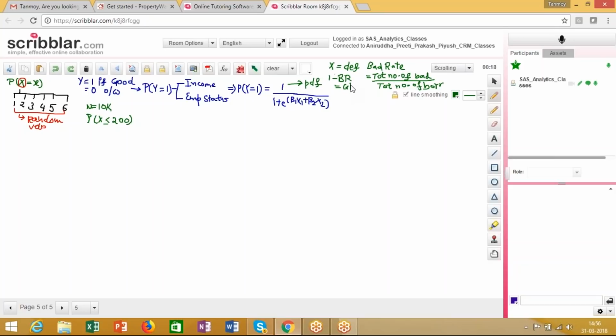So let me represent the bad rate by p, the probability of success, and let me denote good by the probability value of q.